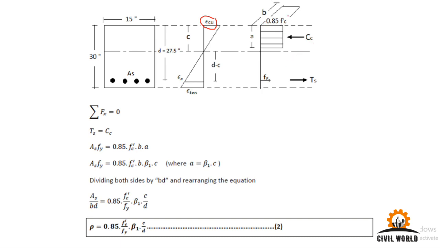In this case, we are using Whitney's rectangular stress distribution block, which we discussed in our previous lecture, because at this point we have a parabolic distribution like this.